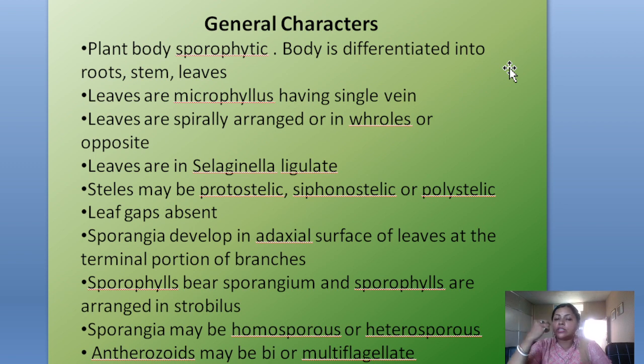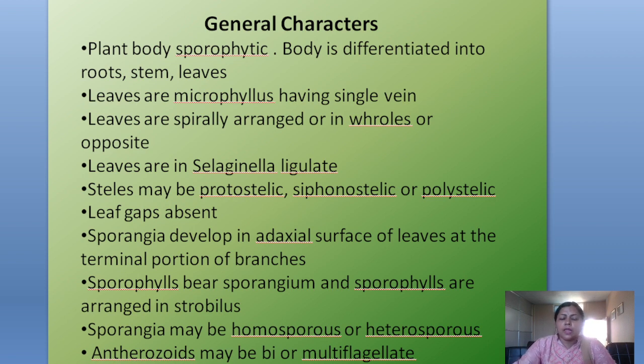In Selaginella it is arranged in whorls, opposite. All the leaves of Selaginella are ligulate. Ligulate means in the lower portions or the base portions of the leaves, a small outgrowth is found, which is known as the ligule.